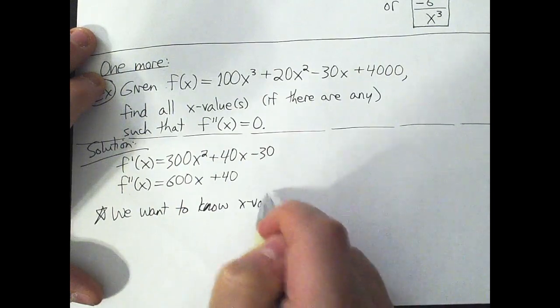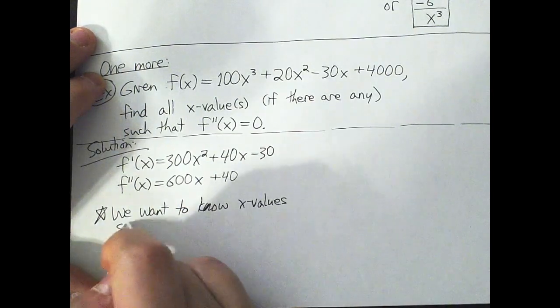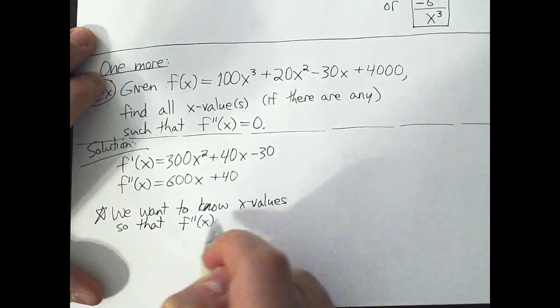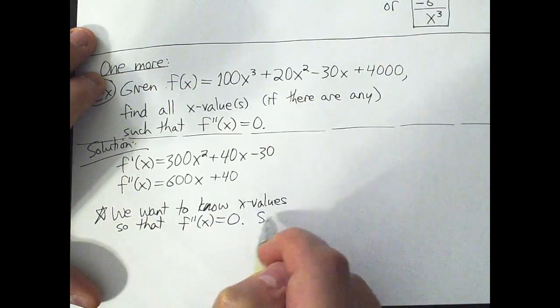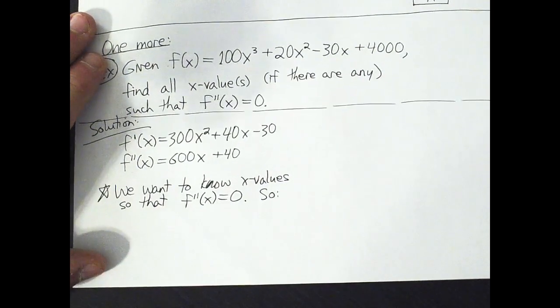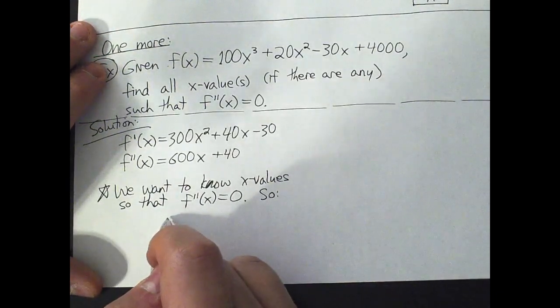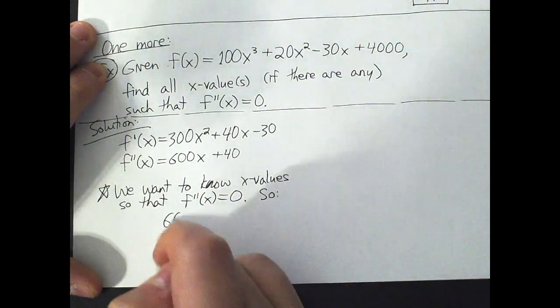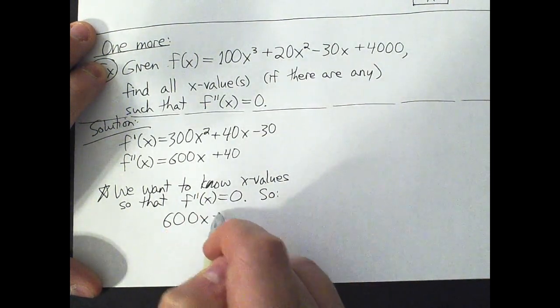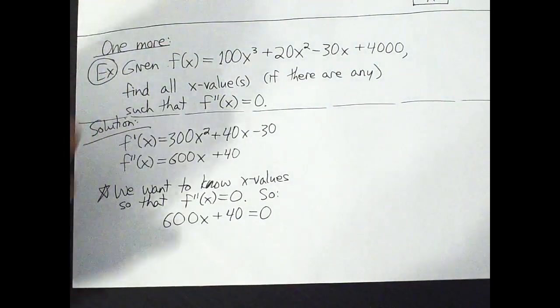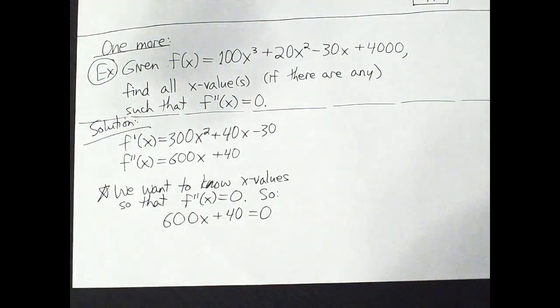We want to know x values so that f double prime of x equals 0. So take what we found for f double prime, which was 600x plus 40, and set it equal to 0. And now we're going to solve for x.